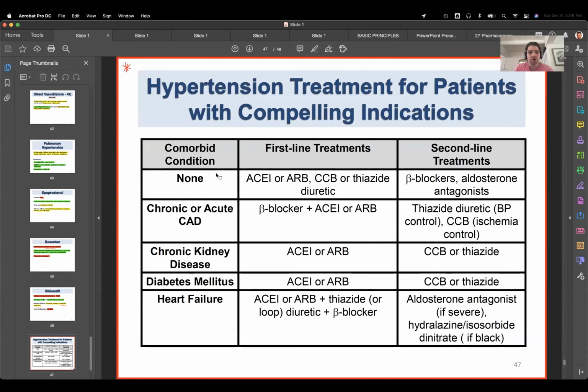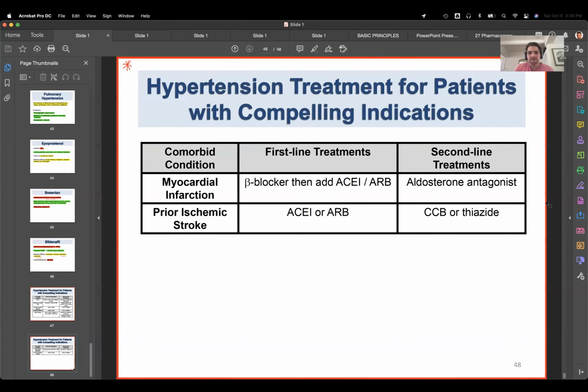All right, so definitely know these. These are very important, what comes with what, first lines versus second lines and stuff like that. And just knowing importantly, like diabetes, definitely get them on an ACE inhibitor that's renoprotective, stuff like that. All right, good.